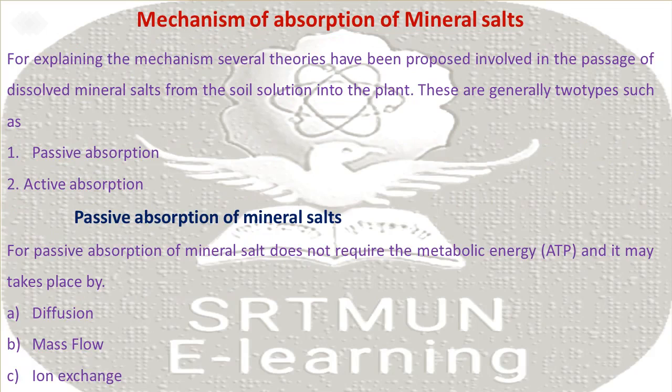Now, next point, mechanism of absorption of mineral salts. For explaining the mechanism, several theories have been proposed, involving the passage of dissolved mineral salts from the soil solution into the plant.